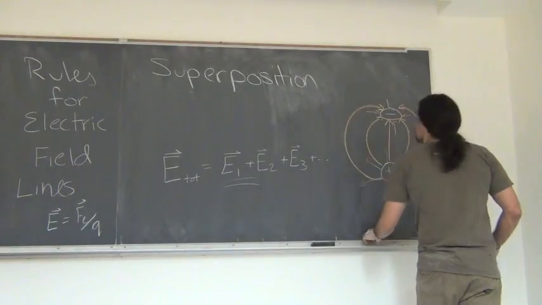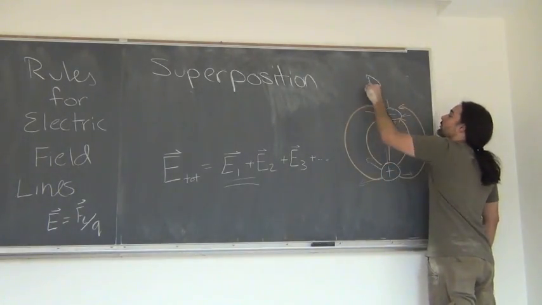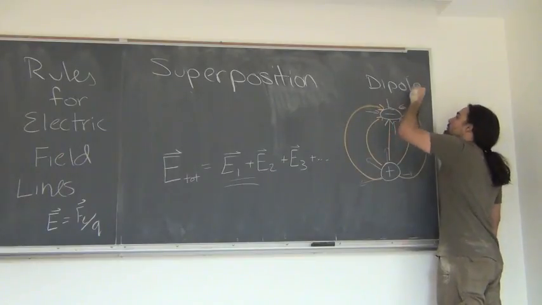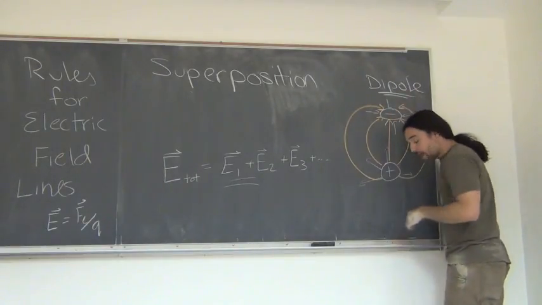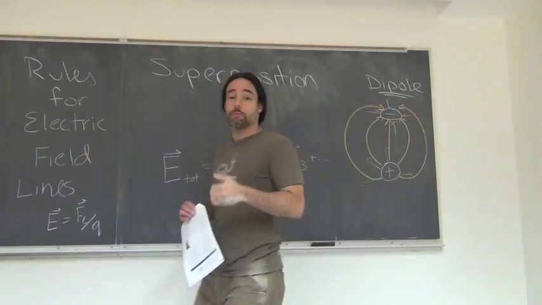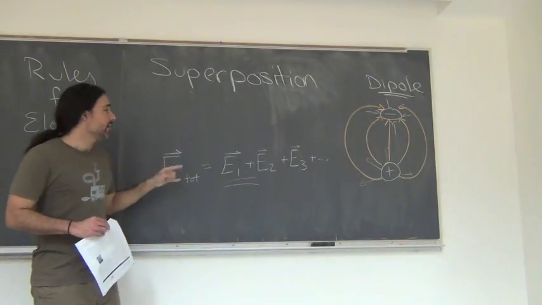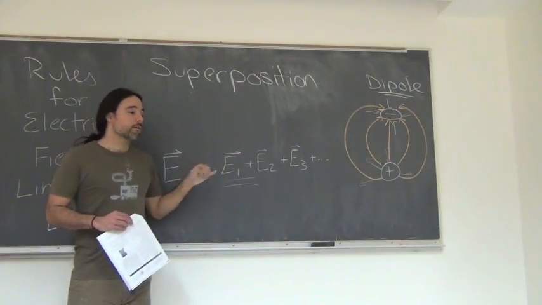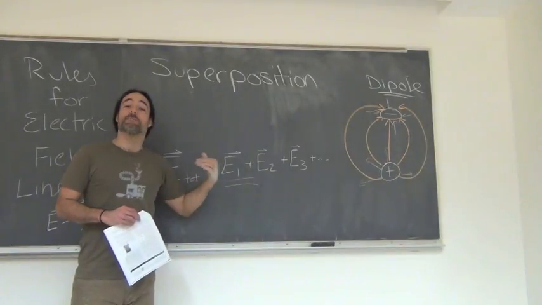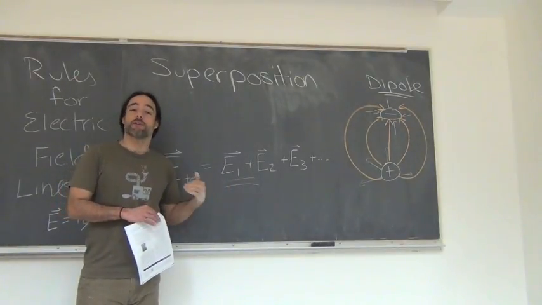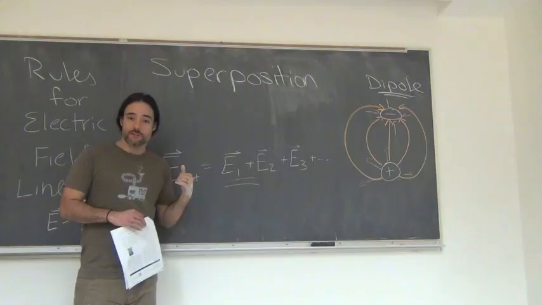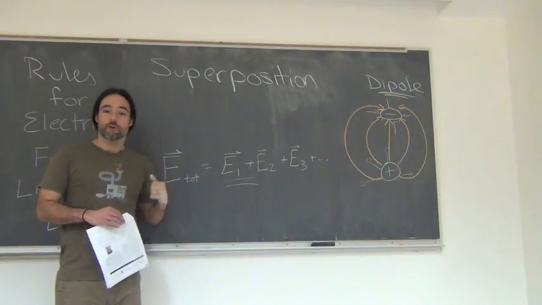By the way, this configuration of charges has another name. It's called a dipole. But that's the idea behind superposition. If I have many charges, so if I add up all of the electric fields from all the charges in the universe, I will just get the total electric field.